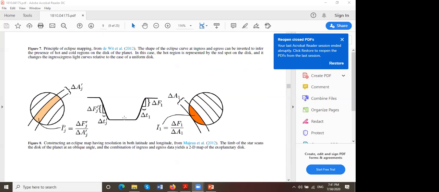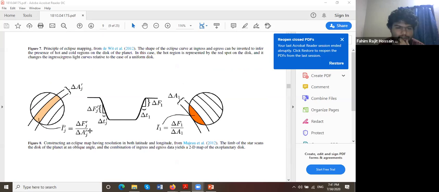Okay, so here is the full geometry about how the flux is covered. As you can see, if the star obscures this part of the ring, or you can say stripe, the flux depth will be measured from this portion of the depth, and again for this you can see.